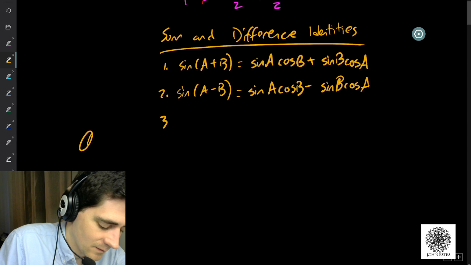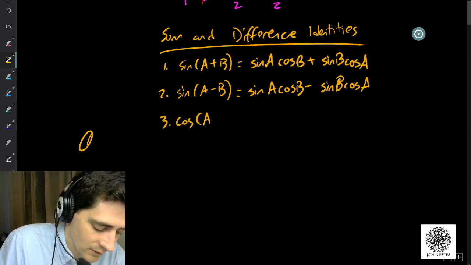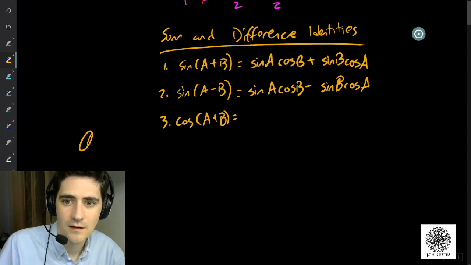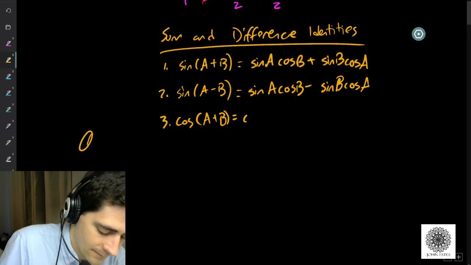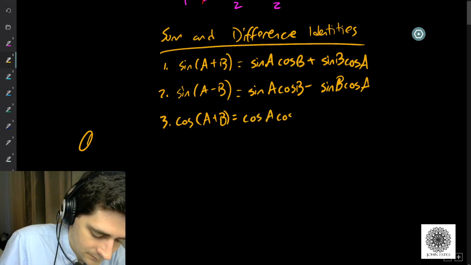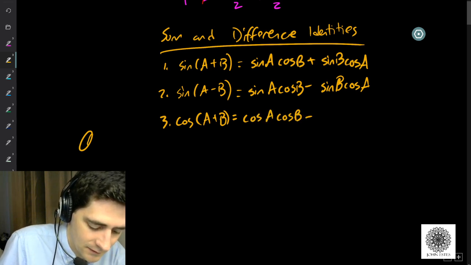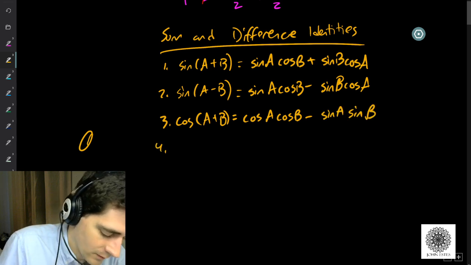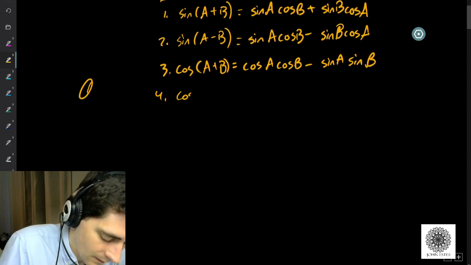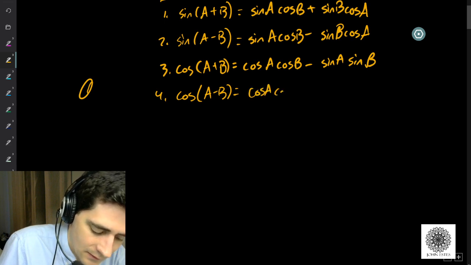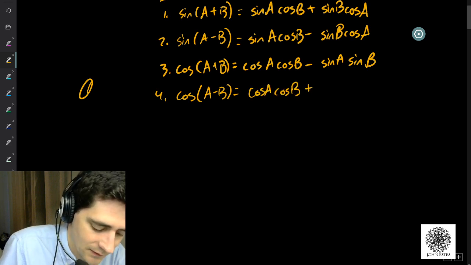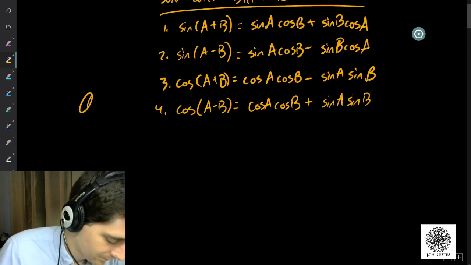Now, for cosine, it's what I wrote originally. For cosine of A plus B, you say cosine A, cosine B, minus sine A, sine B. And for subtraction, you have cosine A, cosine B, plus sine A, sine B. So notice the symmetries again.